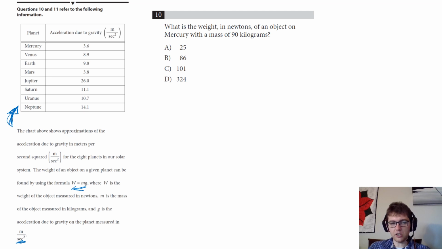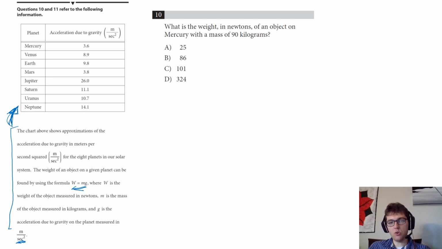All the information you need to solve this is going to be given right here. So avoid the temptation to make it more complicated than it actually is. I know physics is fun, I love physics myself, but try to limit yourself to the information they give you in the problem to solve what they're asking for. With that said, let's go into the actual problem 10 here.